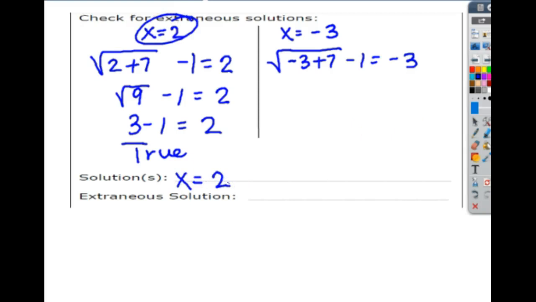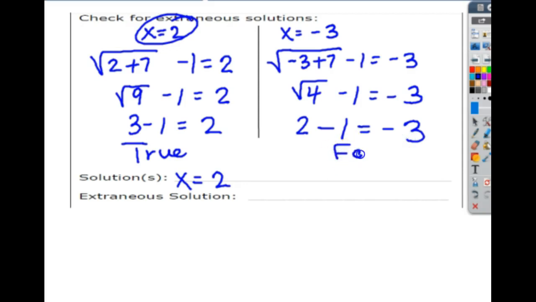Okay? So that's going to be square root of 4. That's going to be 2 minus 1 equals negative 3. Is that true? That would be false. That means this was an extraneous answer.